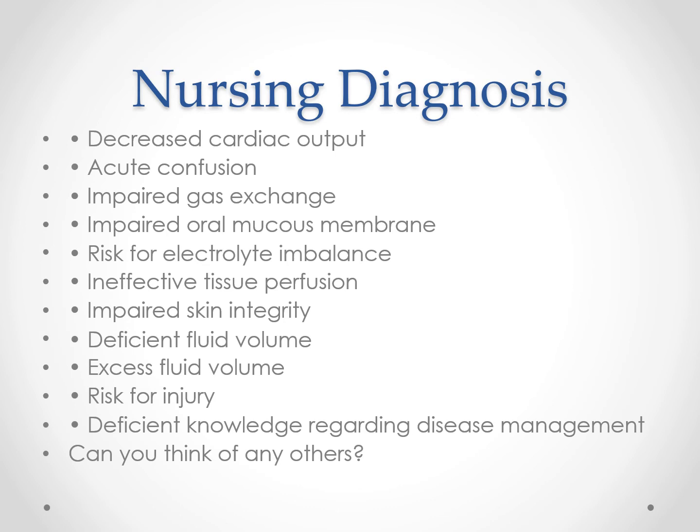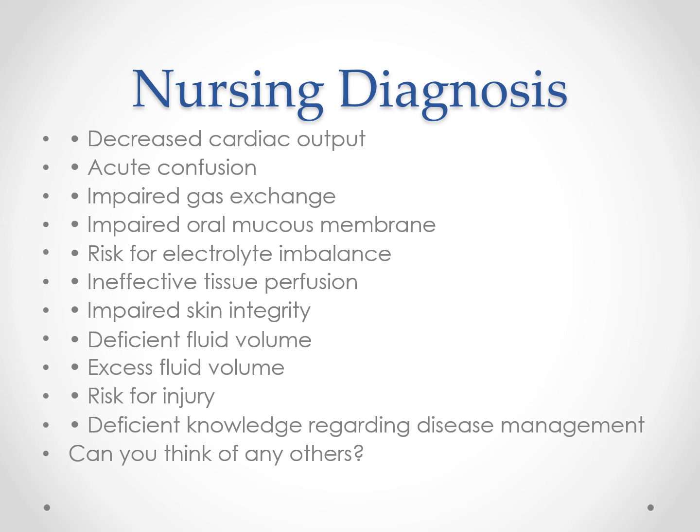Nursing diagnosis. Some of these are really cool. Decreased cardiac output, acute confusion, impaired gas exchange, impaired oral mucous membrane, risk for electrolyte imbalance, ineffective tissue perfusion, impaired skin integrity, deficient fluid volume, excess fluid volume, risk for injury.